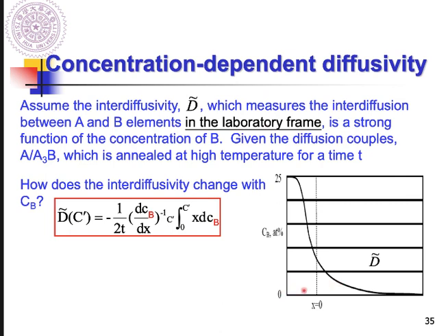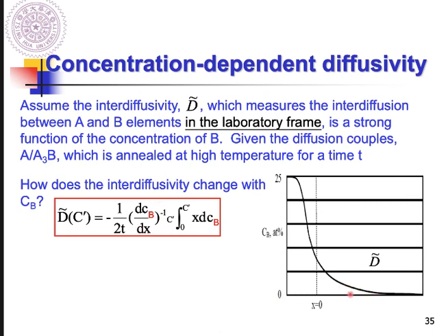So at the low CB region, based on this description, we know T is a constant, and the slope is low, but the reciprocal of this slope will be larger, right?